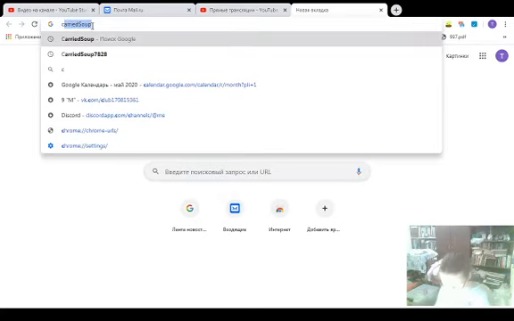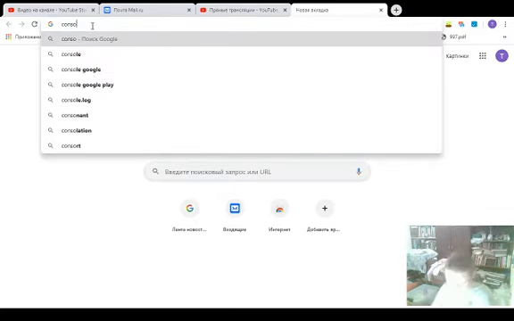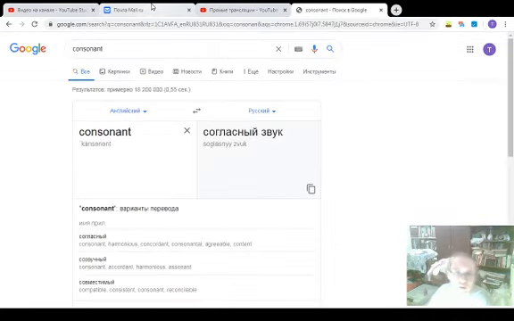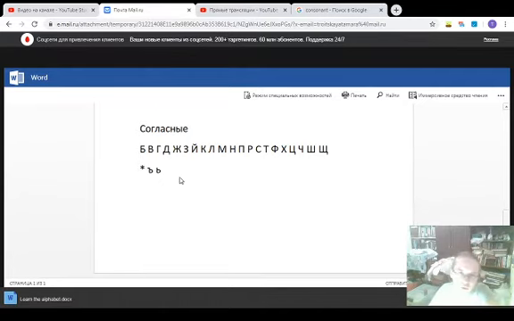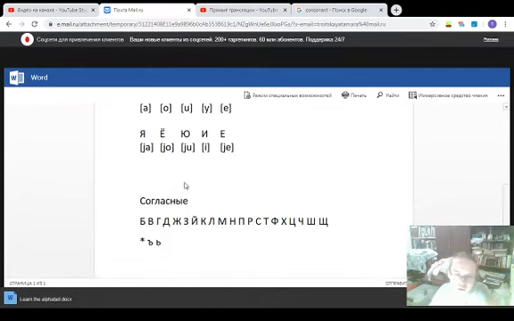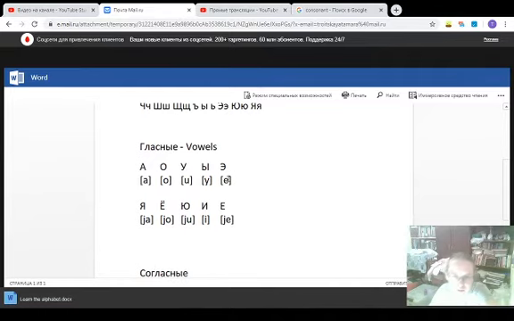I need to check. Yes, okay. And we have vowels and consonants and 2 other letters, which are not vowels and are not consonants. We have these vowels and these. These vowels are called vowels of the second ray.